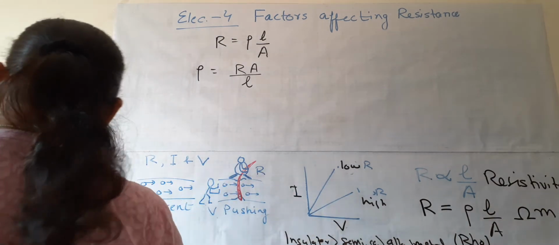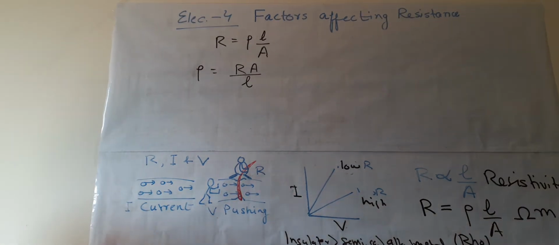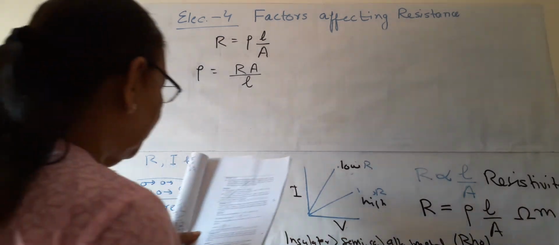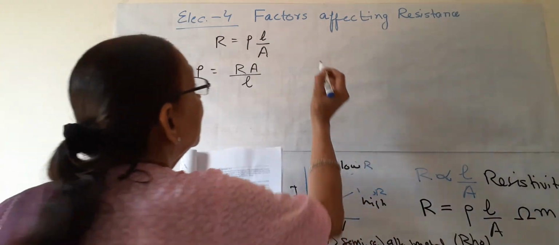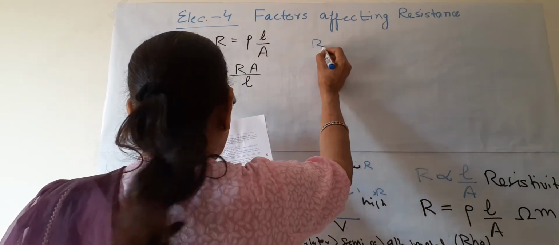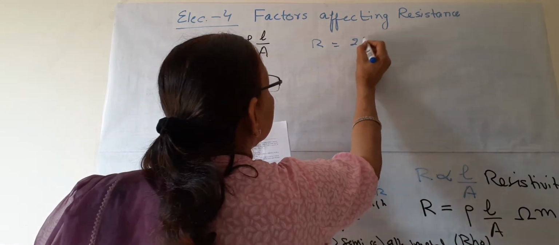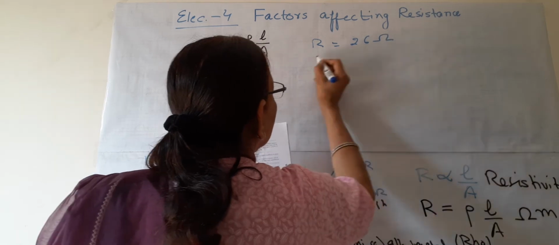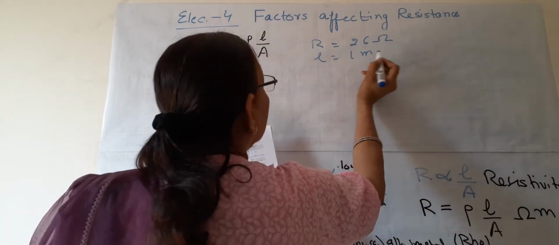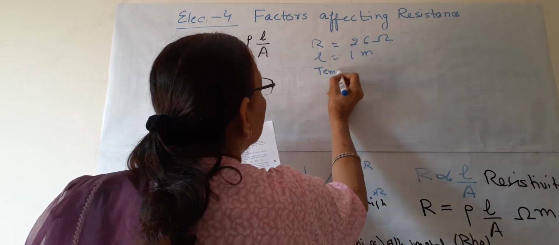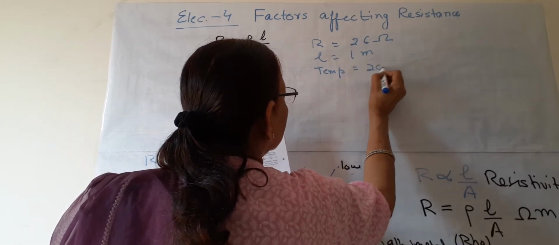And what is the numerical? The resistance of a metallic wire is 26 ohm. Its length is 1 meter. Temperature is 20 degrees Celsius.